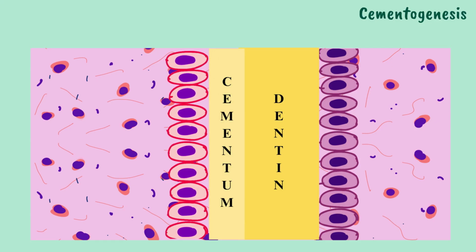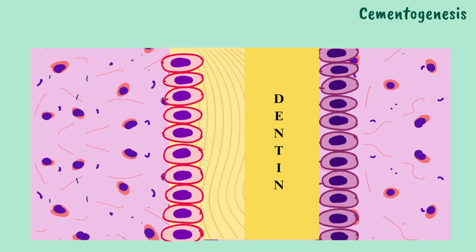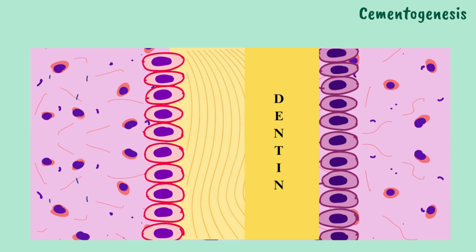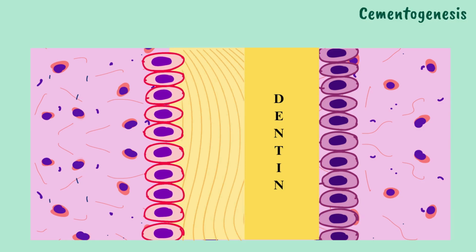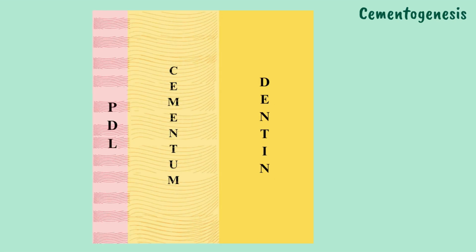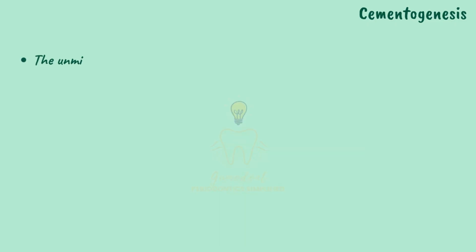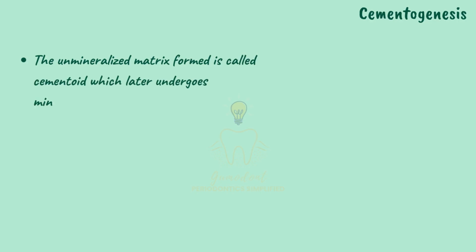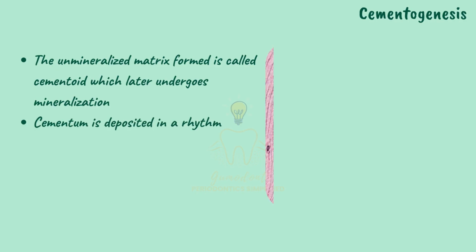Cementoblasts start secreting collagen fibers and ground substance. Initially, the fibers are parallel to the root surface. Later, they become continuous with the periodontal ligament fibers. The unmineralized matrix formed is called cementoid, which later undergoes mineralization, and cementum is deposited in a rhythmic manner.